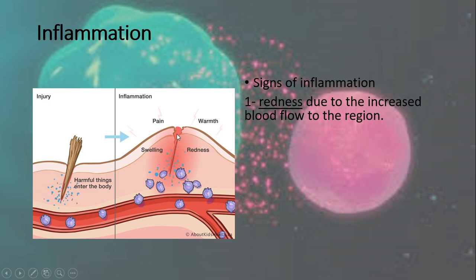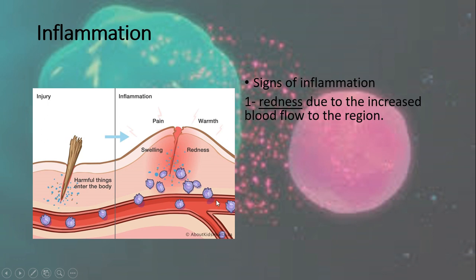When there is a wound, we already said that the skin forms the first physical barrier that prevents the microbes from entering the body. So when we have a puncture, it is going to open the gate for the microbes to try to enter into our body.